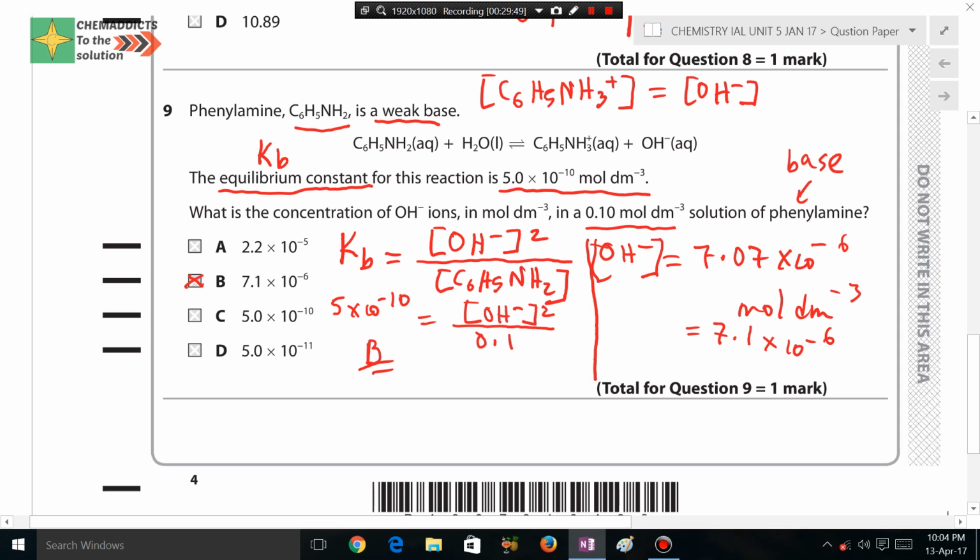So this is the first assumption. In here the concentration of this is equivalent to this, because once again little hydroxide comes from dissociation of water. This is the first assumption.